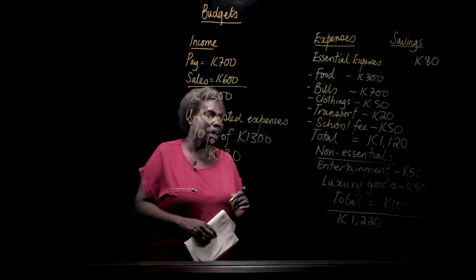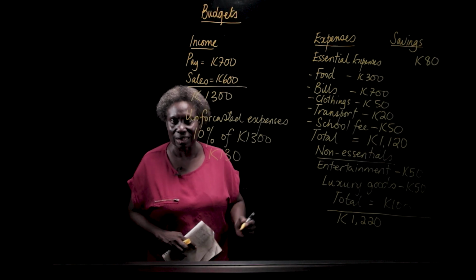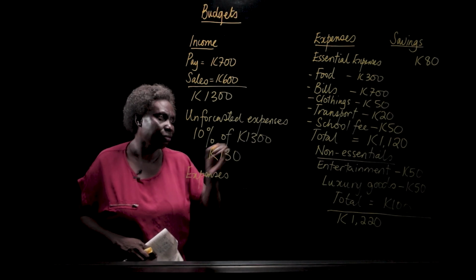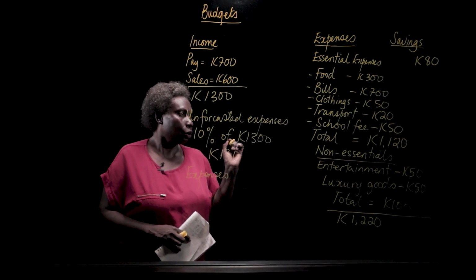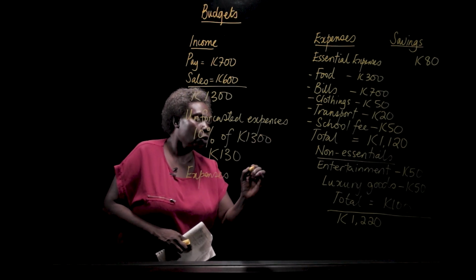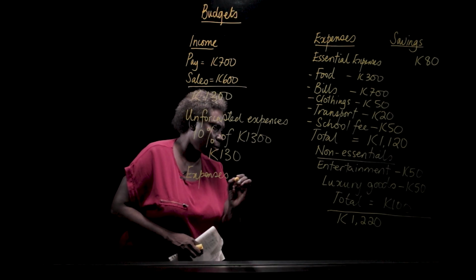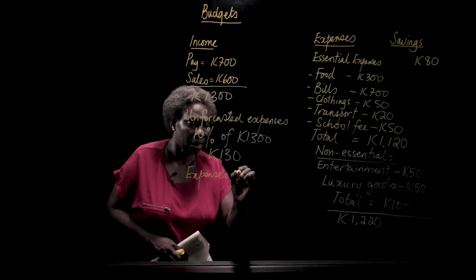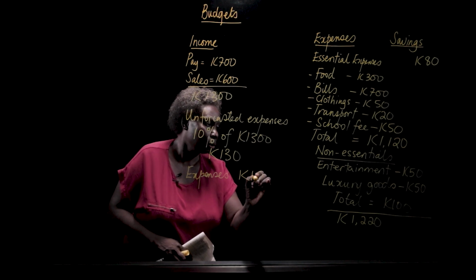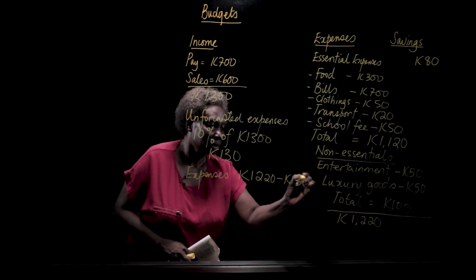Now, if he cuts down on food and clothes, how much is he going to be left with? For expenses now, after cutting down on food, clothing, and luxury goods, on essentials and non-essentials, he will be left with 1,220 minus 130 kina.